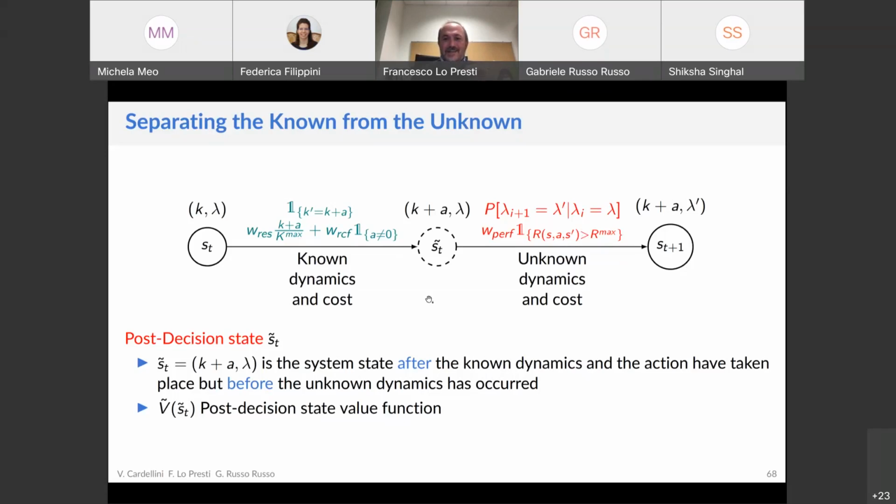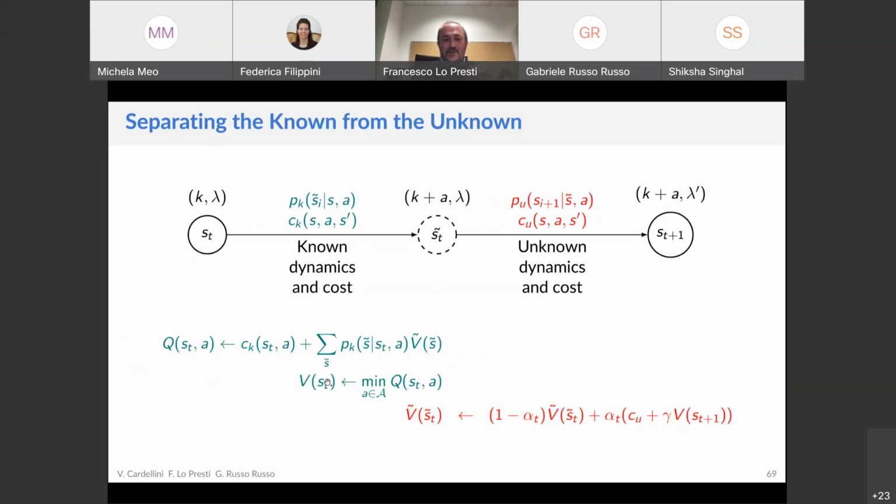I introduced this new state and the post-decision state value function. The idea, simply put, is that I can use the value iteration type of algorithm to deal with the known part, and use the Q-learning part of the algorithm to deal with the unknown dynamics, which basically means discriminating that something is known, something is unknown, and dealing with them accordingly.